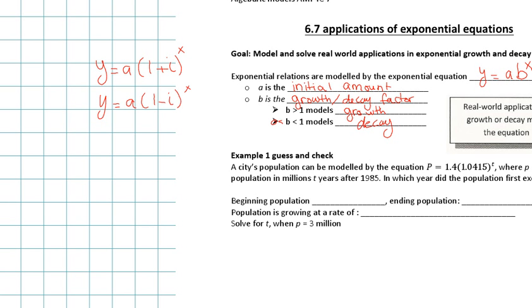So the rate means if it's growing by 10% every month, every year, or whatever. If your value of this thing is growing by 10% every year, what you're doing is changing that i to 0.1, and then it's going to become 1.1. Okay? So then it's greater than 1, right?